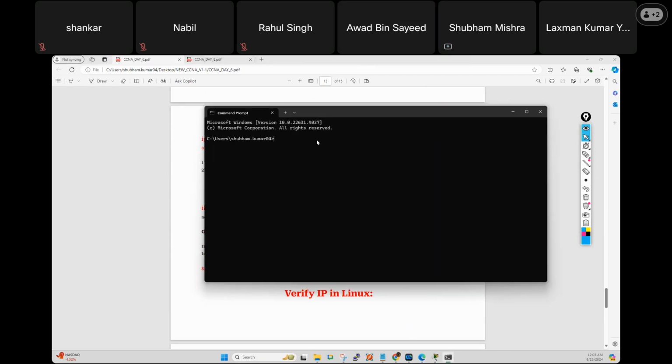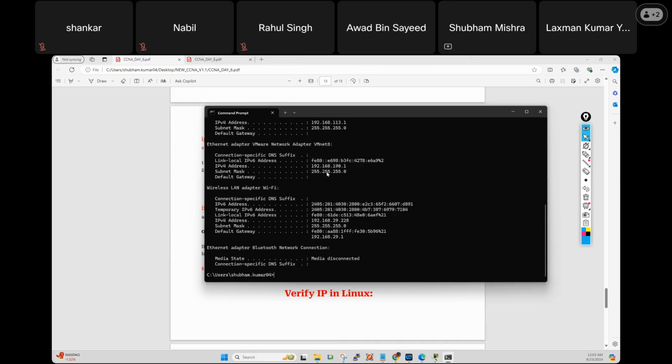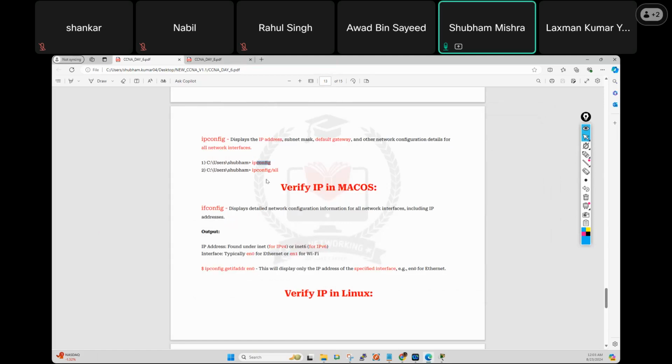I have a Windows device and I am writing ipconfig. This is the Wi-Fi I am using, and this is the IPv4 I am using. So basically, this is the command in Windows to check the IP address.